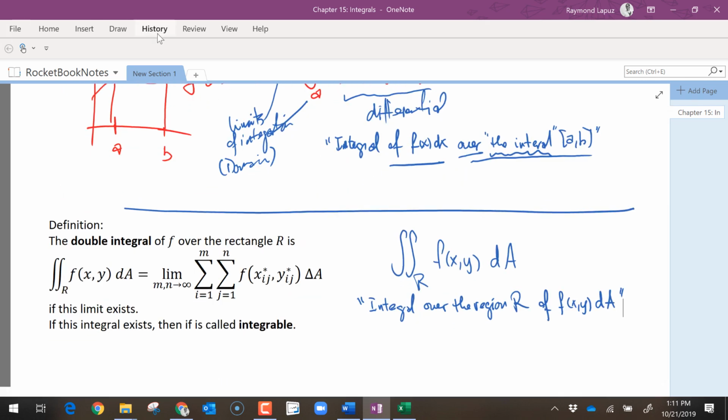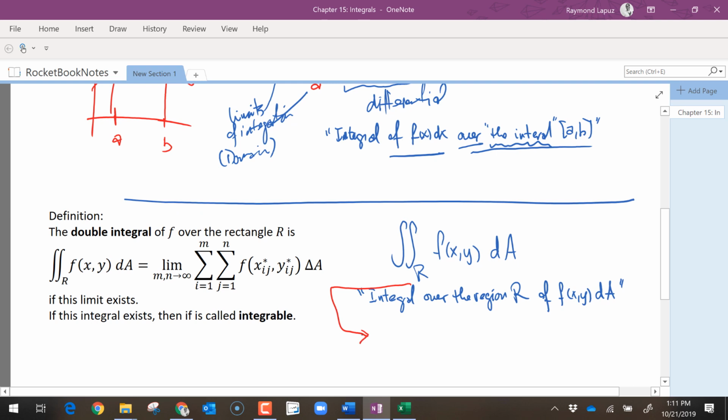So what do we have here? We have a region in R2. So now we have to deal with this as a 2-dimensional object instead of just an interval segment. And then here's our differential.